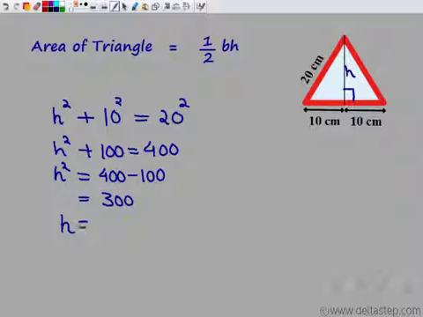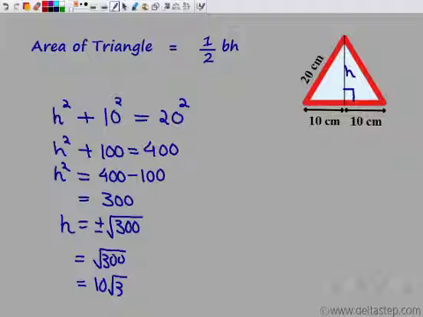H would be obtained by taking the square root. Since h is a distance, it cannot be negative, so I ignore the negative root. I get root 300, which is root 100 times root 3. Root 100 is 10, so I can take 10 outside, and what I'm left with is root 3. So I get 10 root 3 as the height.